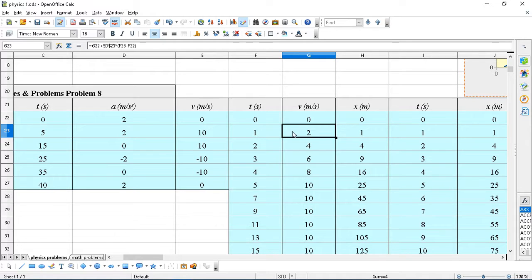Now, you can see that for G23, G24, G25, G26, the cell references change respectively, so that G26 depends on the previous value, which is G25, plus this value indicated here, which doesn't change, times the corresponding time difference.